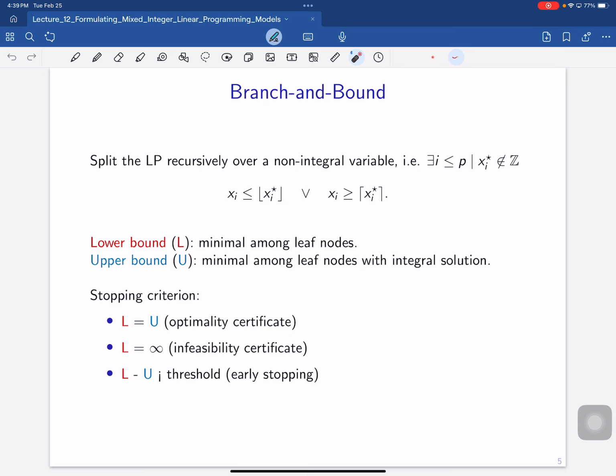If you solve the LP while minimizing and it's infeasible, then you could just prove the problem is infeasible. Also, you could terminate by some threshold. There might be some typo here. So what you could do is check L minus U. If it is, for example, less than or equal to a tolerance epsilon, then you can terminate. You don't need to have L strictly equal to U.